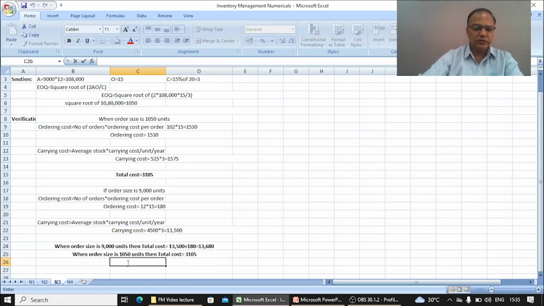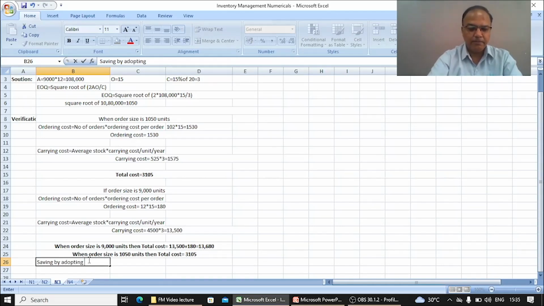So saving by adopting the EOQ model is equal to 13,680 minus 3105.